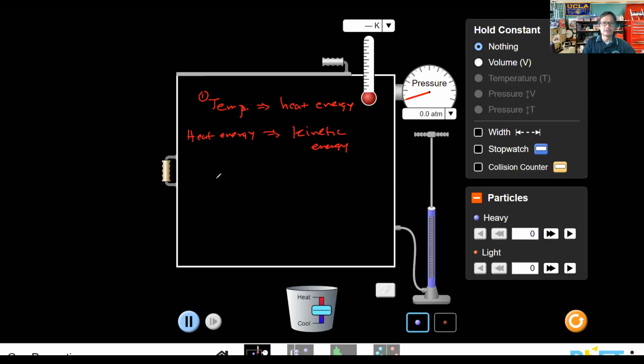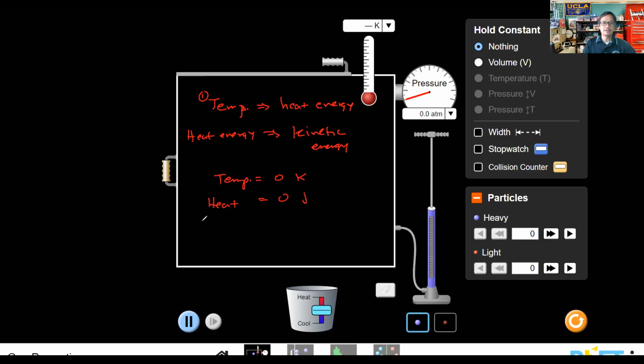If the temperature is equal to 0 here, 0 Kelvin, which means the heat energy is 0, and the unit for heat energy is 0 joules.